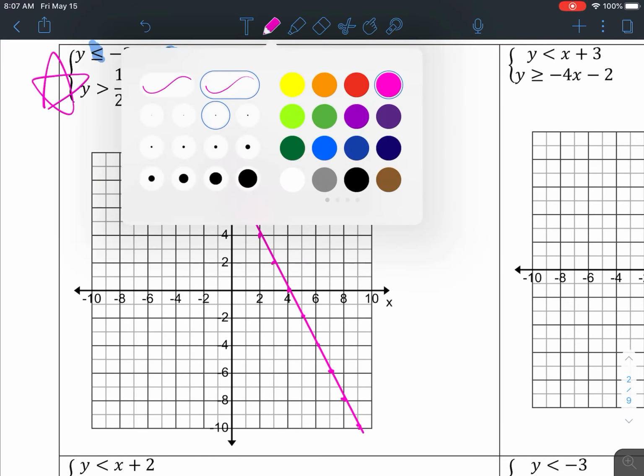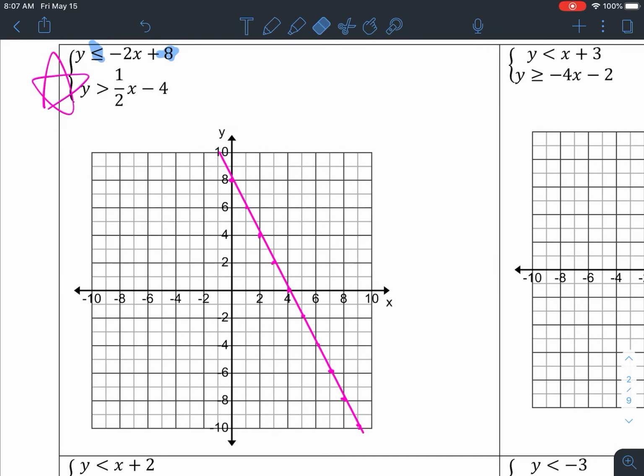Okay. Now I'm going to do this other one in blue. Again, we look here. We're at negative 4. Because we see this sign here, we know right away that it's going to be a dotted line, and we're going to go up 1 over 2 because it's a 1/2.